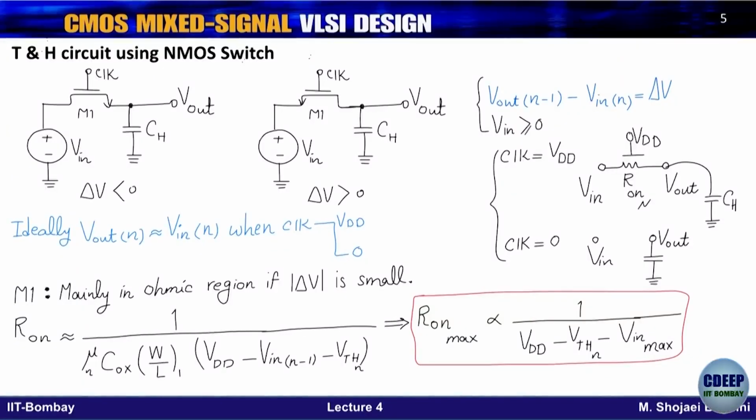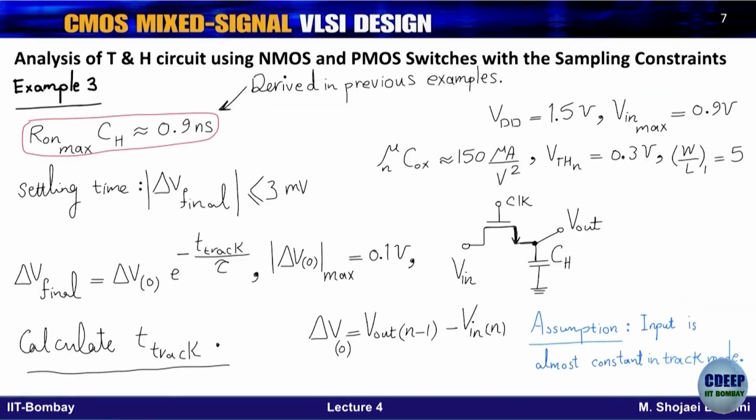We discussed the NMOS switch as a track and hold switch, along with a hold capacitor CH. And I gave you two examples. If you have noticed in the previous notes, I have added example 3. I have written a slightly expanded version of example 3 in this.